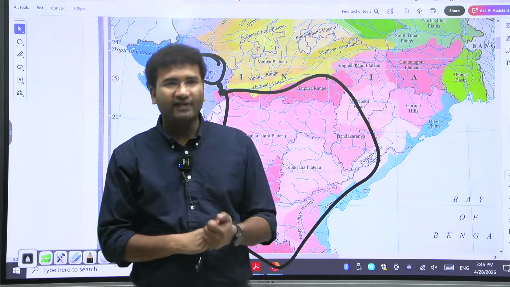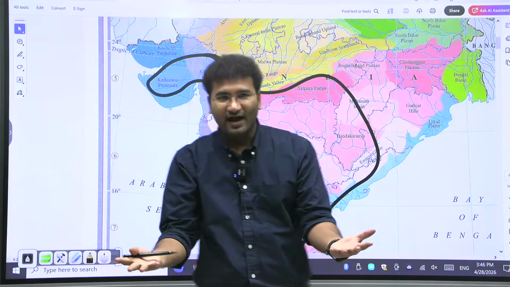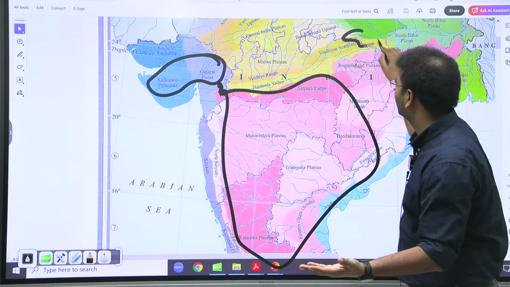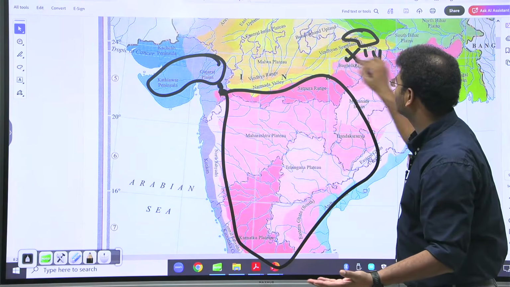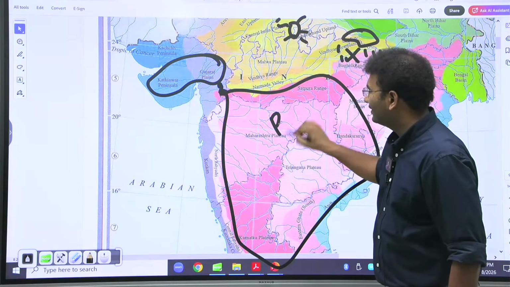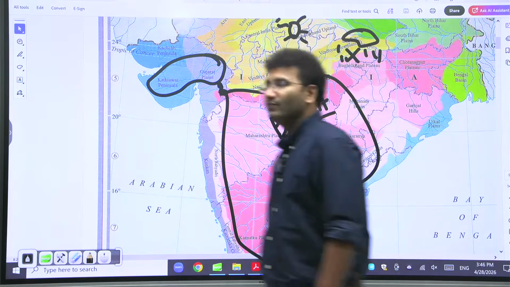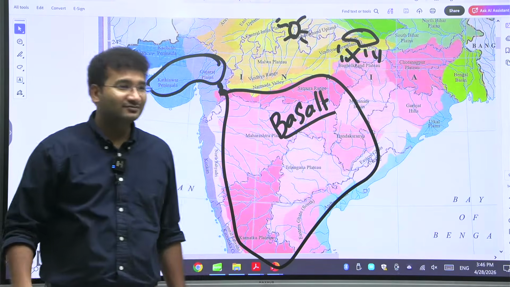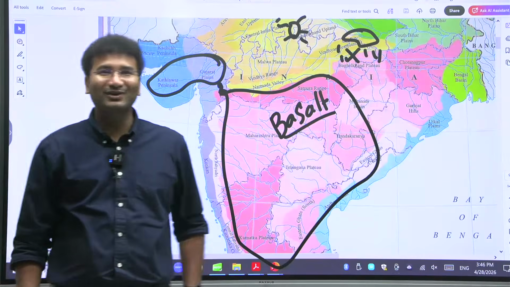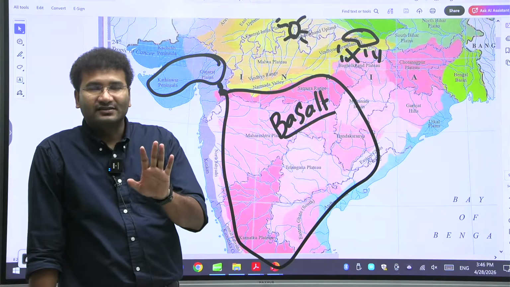Wherever you have basaltic magma coming out, and if you have two things, rainfall is less, sunlight is more, the parent material is basalt, what rock, what soil will be formed? See, try to understand this.